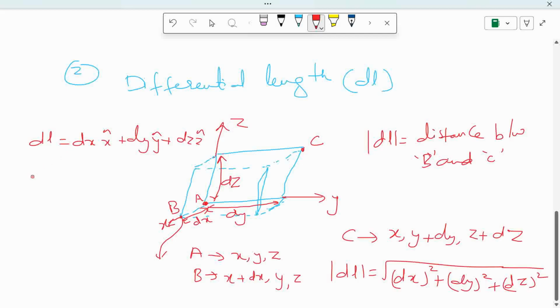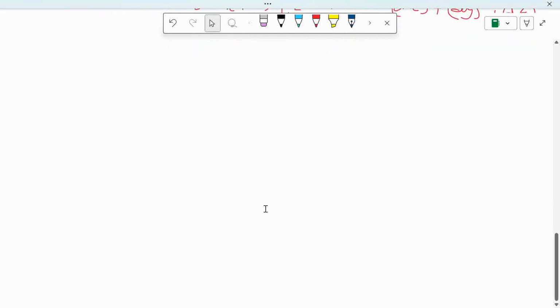Similarly, next, let's see the differential surface.